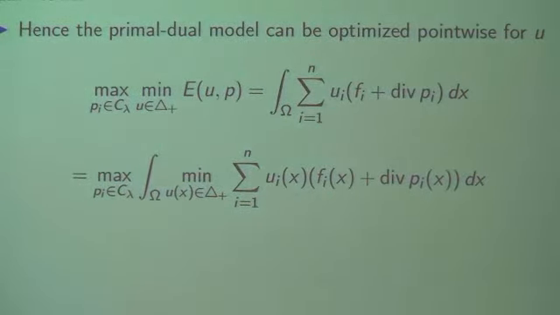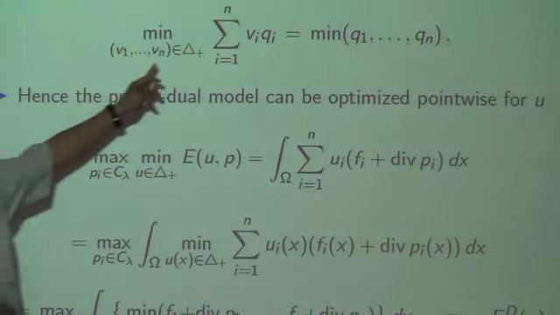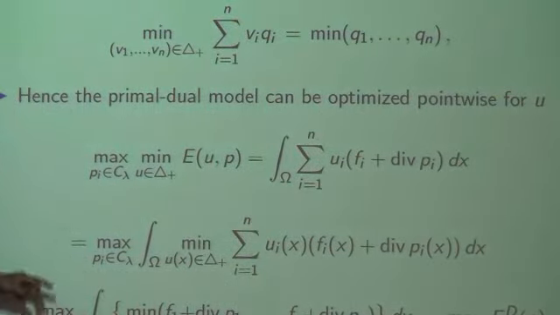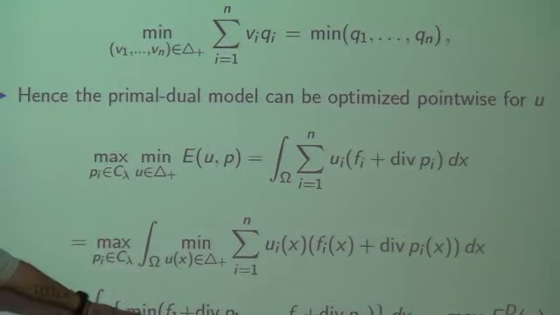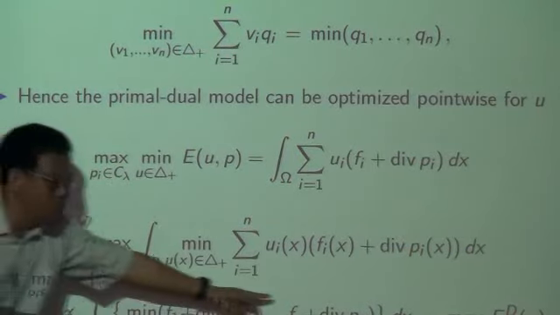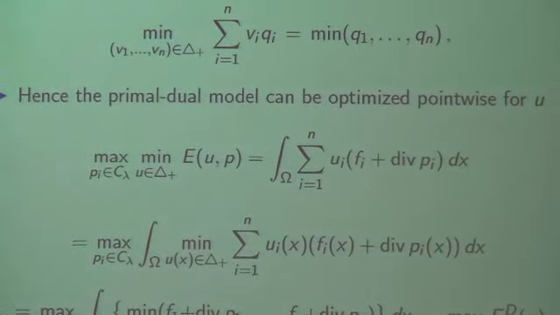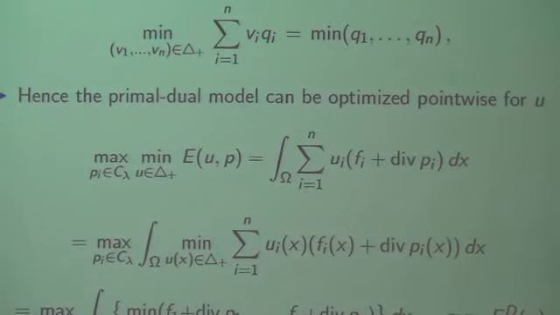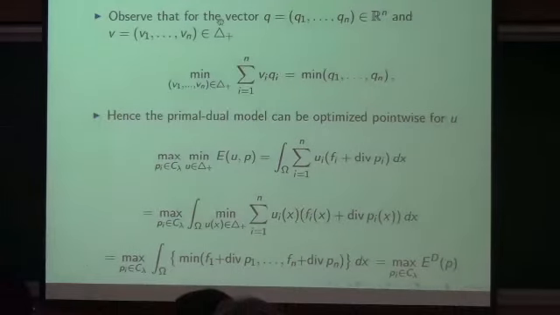That one is equal to the smallest of this one. So therefore, the max over P gives you the min here. It's just the min of those, and then you see that the U_i disappear, and you only have the P_i left.